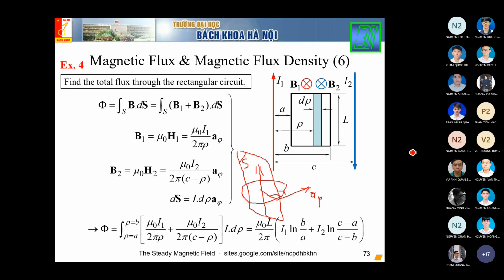Okay, if there is no further question, I want you to do the first mid-class exercise this morning. I change the direction of I2. In this exercise, I1 and I2 are on the surface of the screen. Now I change the direction of I2. This is a new direction of I2. I2 enters the screen.